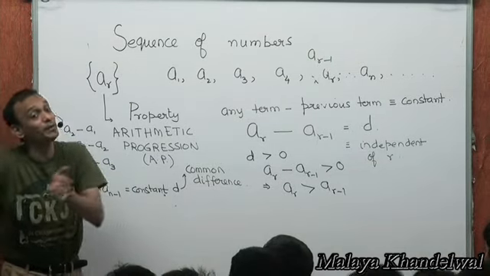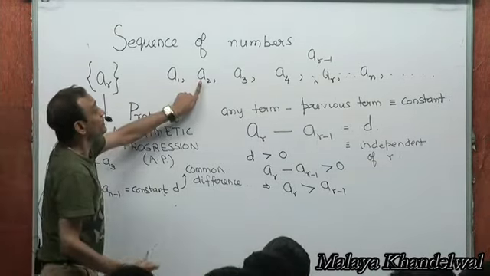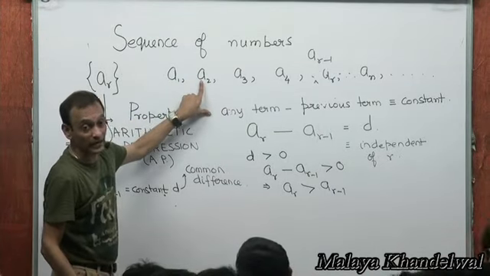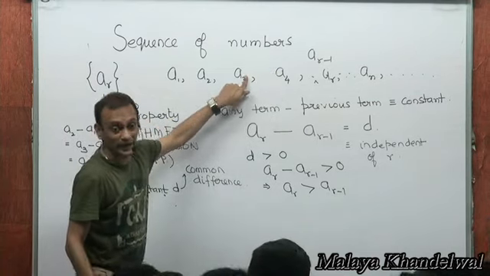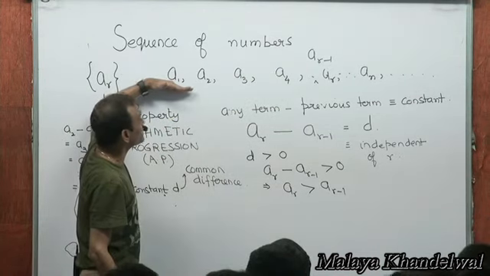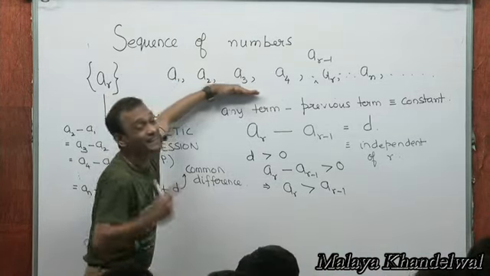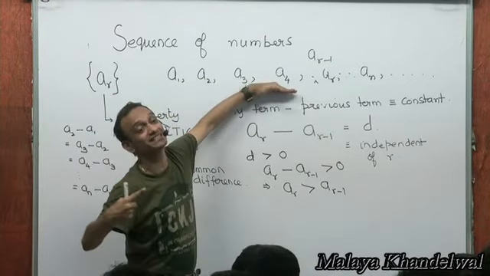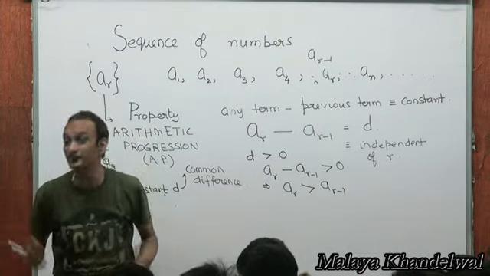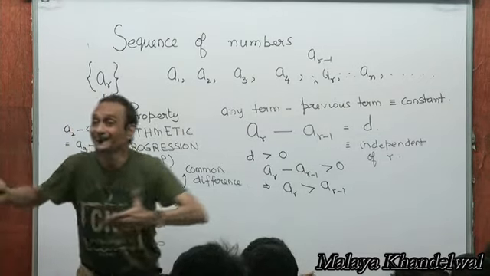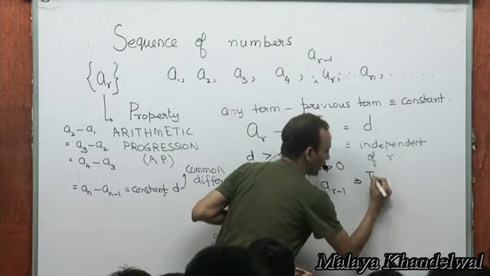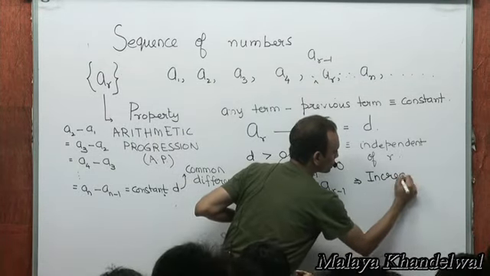A2 will be bigger than A1, A3 bigger than A2, A4 bigger than A3, and so on. That means this set of numbers increases in value. If D is positive, it's an increasing sequence. I hope all of you understand this.